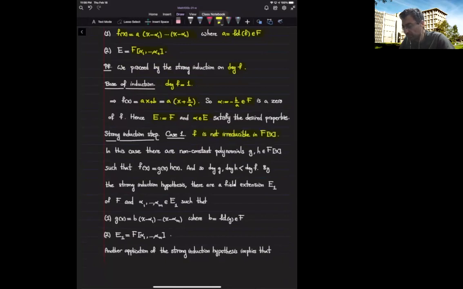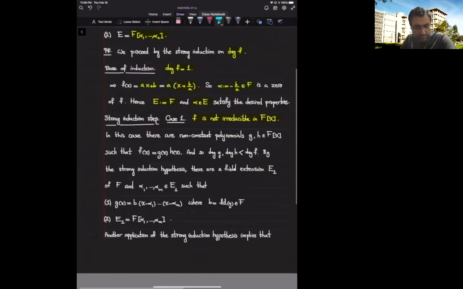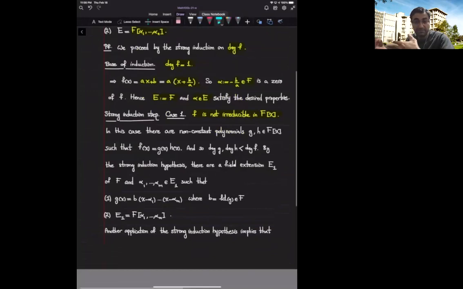Okay, let's start with the case when it is not irreducible. What does that mean? Because capital F is a field, this is equivalent to saying that this polynomial can be written as a product of non-constant or smaller degree polynomials.